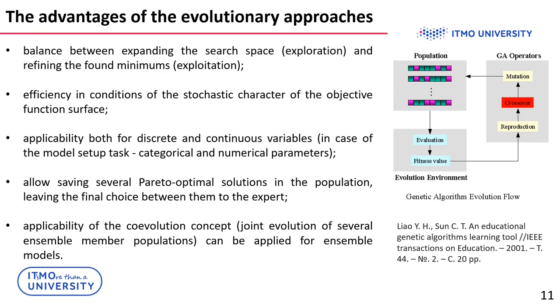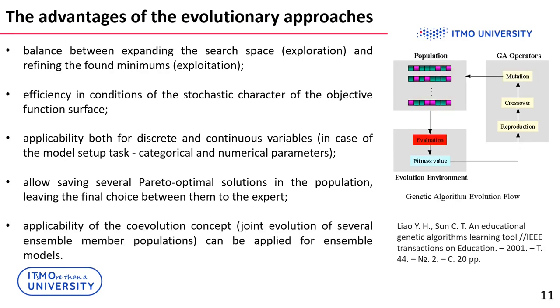So we should both explore new structures of the model and refine the existing structures with high values of the objective function. Also, the stochastic character of the data should be taken into account, since the processes that we want to simulate can be stochastic themselves, for example, some environmental process. So it should be taken into account when we develop the optimization method.